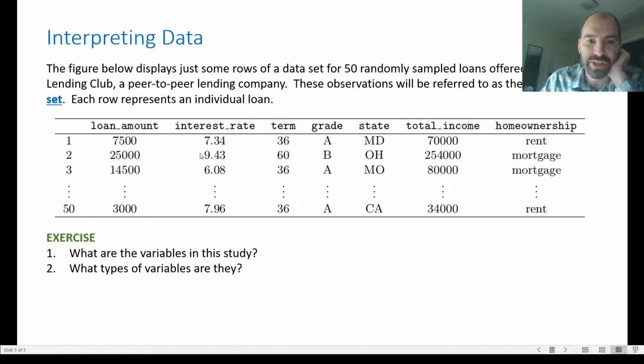What about interest rates? Again, numerical continuous, because the increments that these can differ by are so small compared to how large the numbers are. They differ by hundredths. Now the terms here certainly look numerical. They're probably in months.